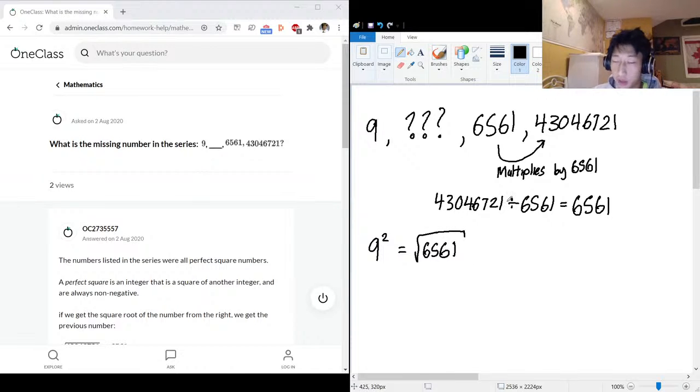So 9 squared, thinking back to my times table, is a solid 81. And pulling out the handy dandy calculator again, the square root of 6561 is 81. Hey, would you look at that? That means 81 squared becomes 6561. So our missing term in the pattern is 81.